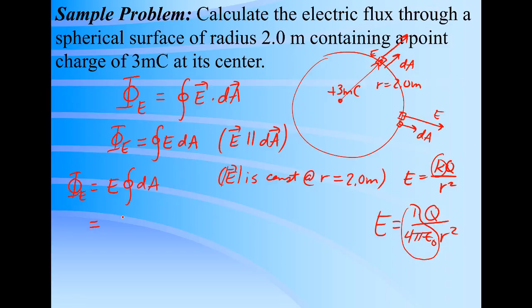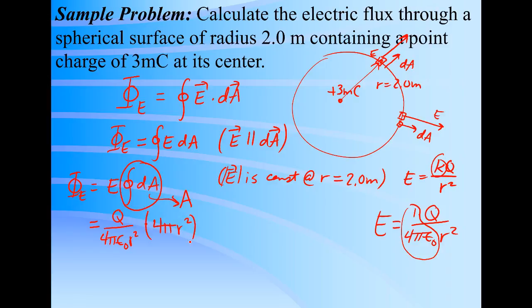Okay? So we put that here, Q over 4 pi epsilon naught r squared. And now, think about this. What is the surface integral of dA? Well, we have a spherical surface. That is just simply the area of the sphere, which is simply 4 pi r squared.